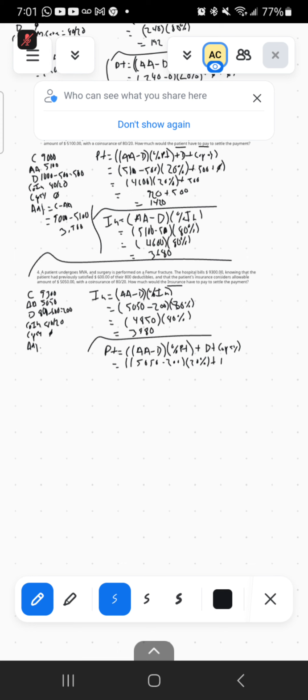And to that, we're going to add the deductible, that is $200, the one that we calculated. And we're going to add nothing for co-payment because we don't have it. So that is 4,850, multiplied by 20%, and we add 200 at the end. Put it in your trusty calculator.